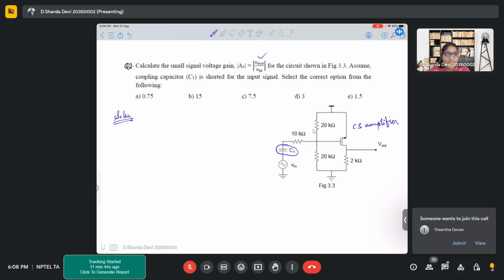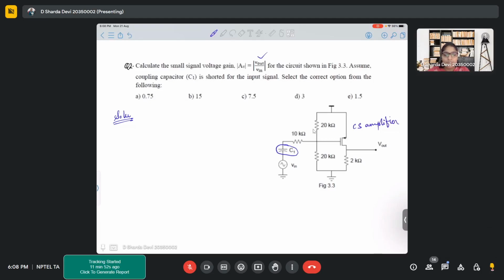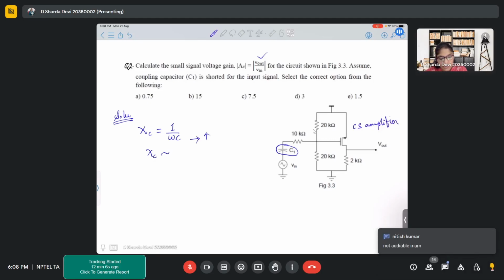From a practical perspective, the impedance of the capacitor depends on the frequency. Xc is 1 by omega c, so we have to make sure that omega is so high that Xc almost tends to 0.